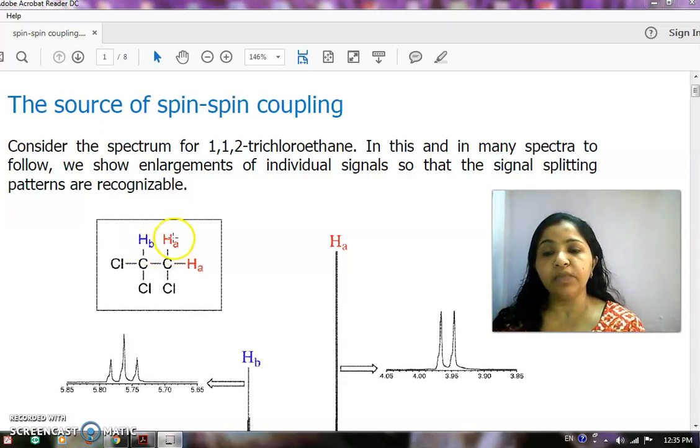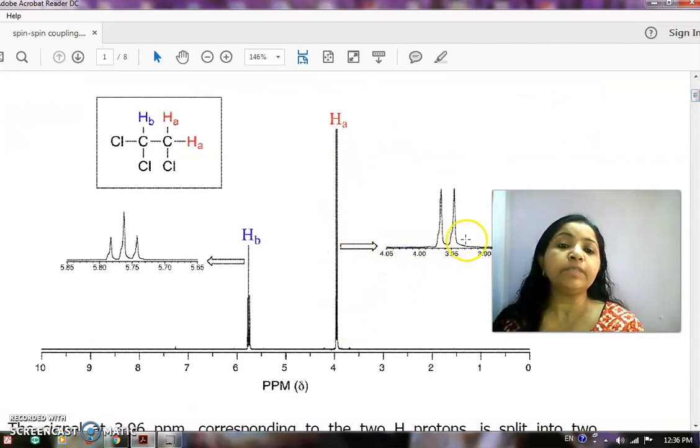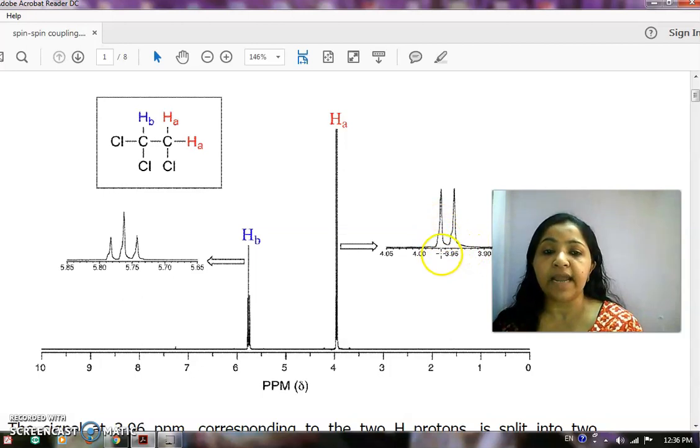It can align with the magnetic moment of this HA, and it can even have an opposite alignment with HA. So there are two kinds of possibilities. Based on these two possibilities, the peak of HA will be splitting to a doublet. This being higher means it's aligning, and this being lower, it is opposing.